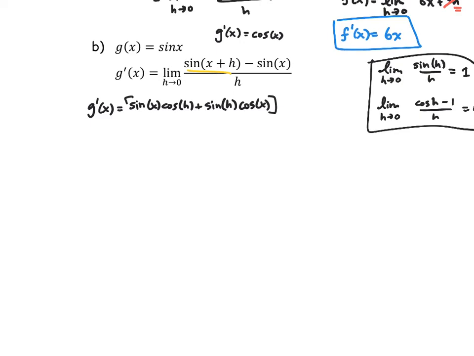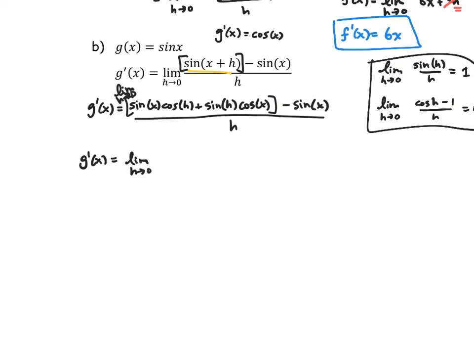So that right there is sine of x plus h expanded minus sine of x all over h. Bad teacher. Forgot my limit notation. Limit as h goes to 0. Okay, don't be a bad teacher. You're not a teacher, but don't be a bad one.